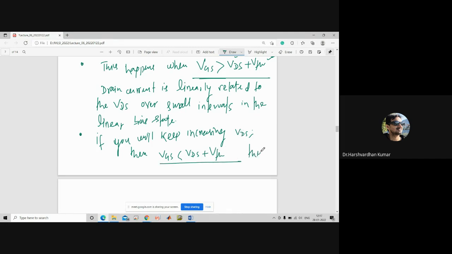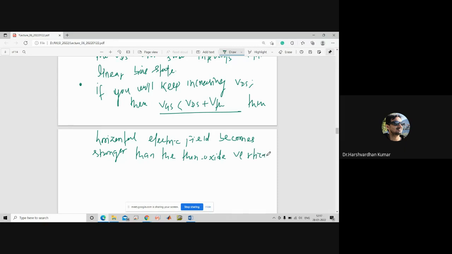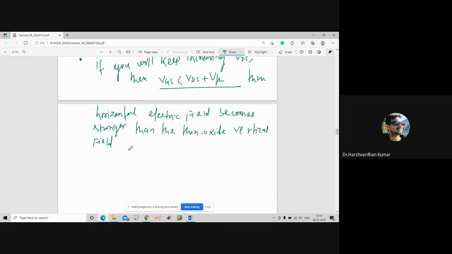In that case, the horizontal electric field becomes stronger than the thin oxide vertical field at the drain side, right?